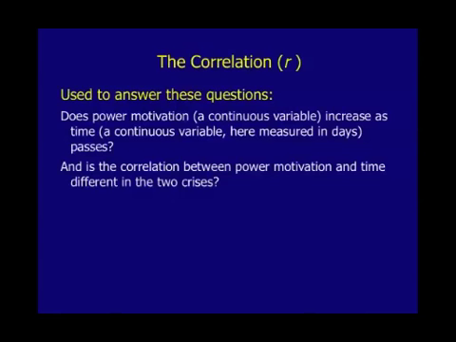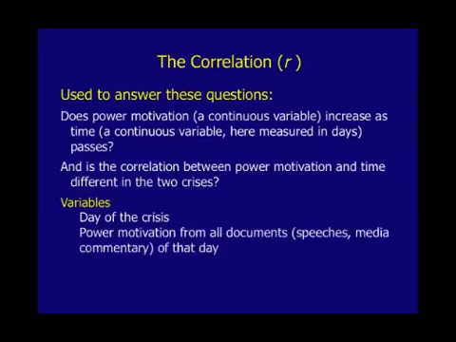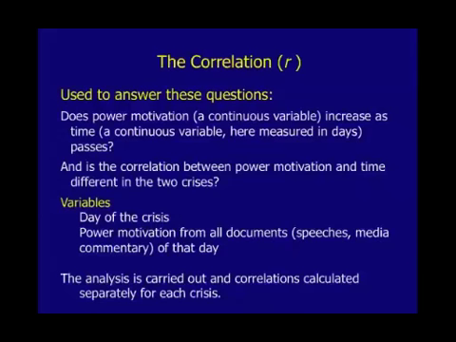How do we test that? We have 2 variables, the day of the crisis and the power motivation from all documents, speeches, media commentary, whatever we have, from that day. We calculate the correlation between power motivation and day of crisis separately for each of the two crises.